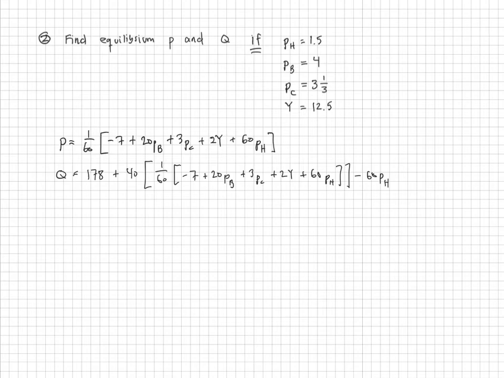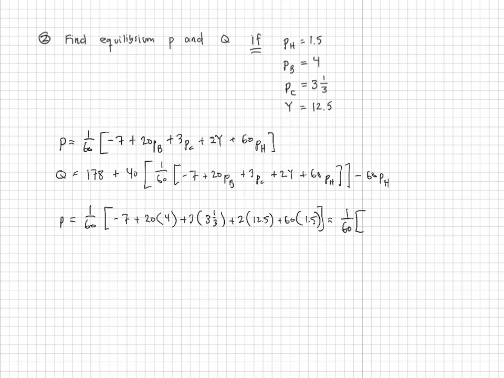So the equilibrium price will be equal to 1 divided by 60 times minus 7 plus 20, and PB is 4, so 20 times 4, plus 3 times PC, which is 3 1/3, plus 2 times Y, which is 12.5, and then plus 60 times pH, which is 1.5.